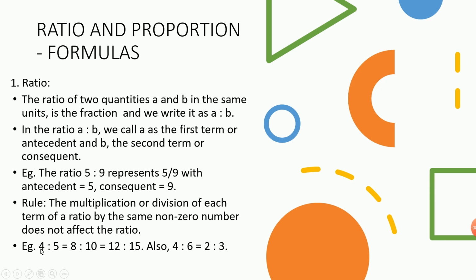So here, these are whole numbers, without any decimal point. So 4 by 5, 8 by 10, 12 by 15, the final answer would be 4 by 5 only. Likewise here they have given another example, 4 is to 6 equal to 2 is to 3. So these are the problems here in the rule: multiplication or division of each term of a ratio by the same non-zero number does not affect the ratio.